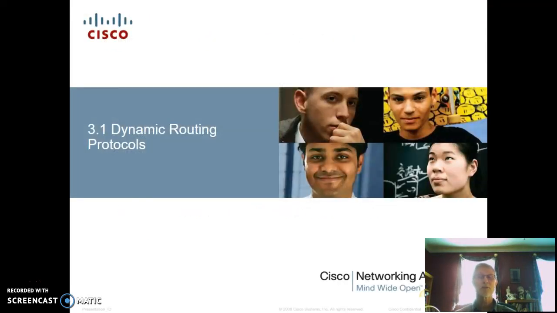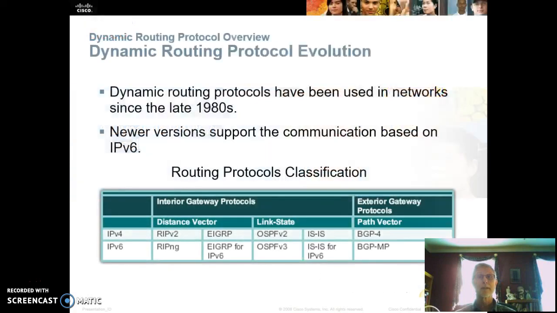So let's get into dynamic routing protocols. They've been around since the 80s, and both IPv4 and IPv6 have versions of these routing protocols. Now, there's two major classifications: an interior gateway protocol and an exterior gateway protocol.